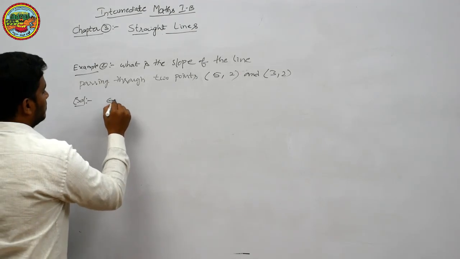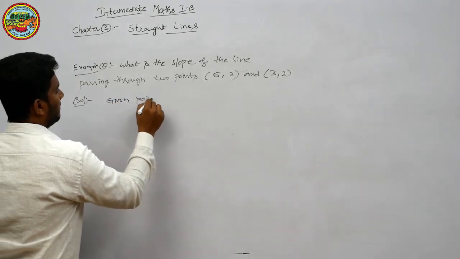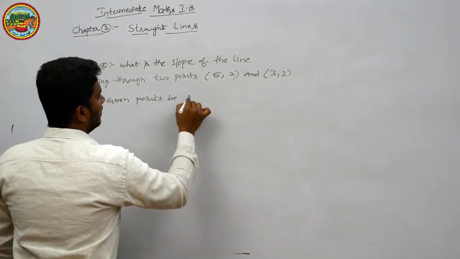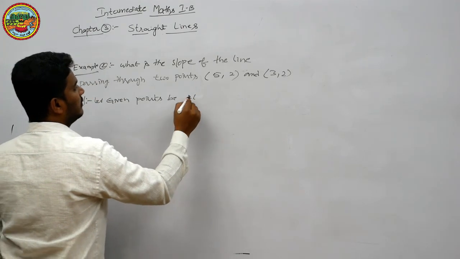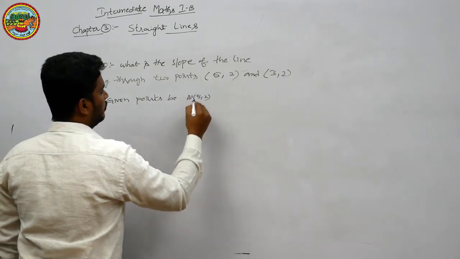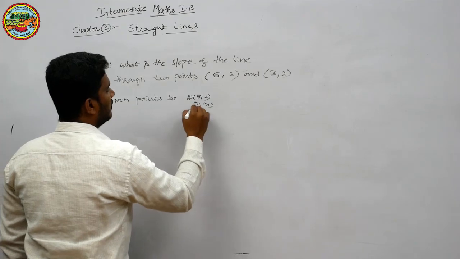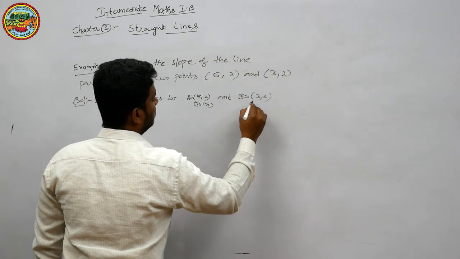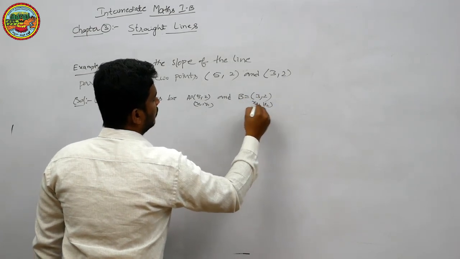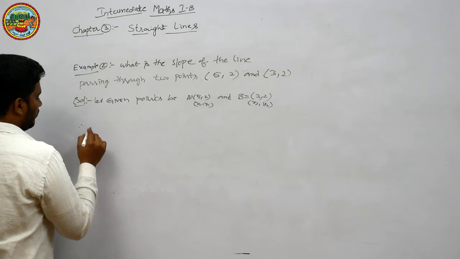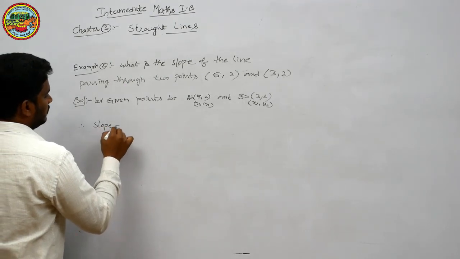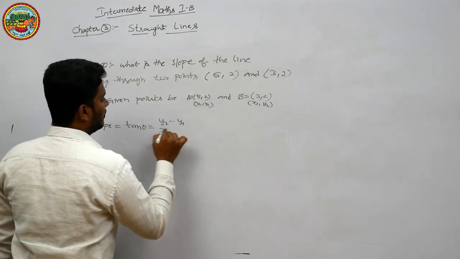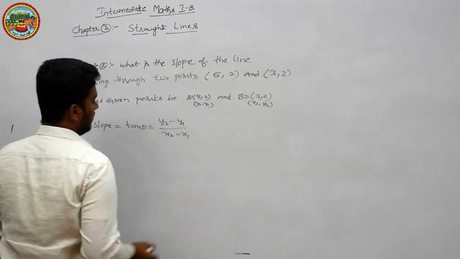So given points, let A be equal to (5, 2), which is x1, y1, and B be equal to (3, 2), which is x2, y2. Therefore the slope is tan theta, which is equal to y2 minus y1 by x2 minus x1.